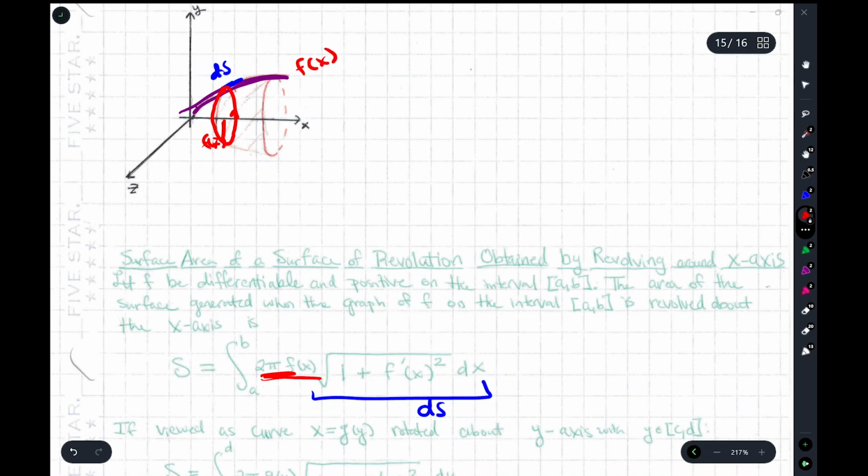You take that circumference and multiply it by little ds, and that gives you a small surface area for a small segment of the total shape.